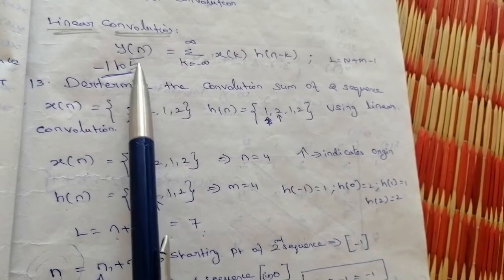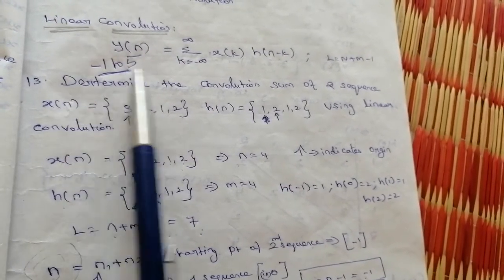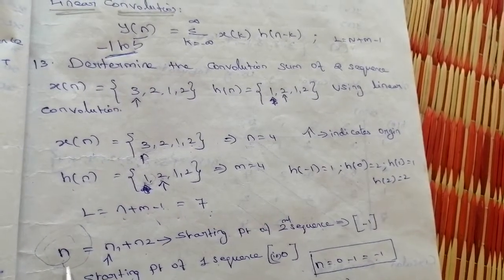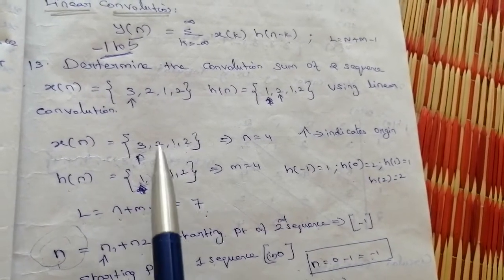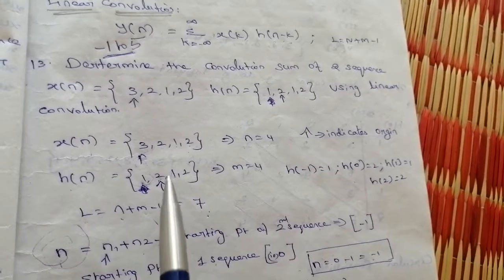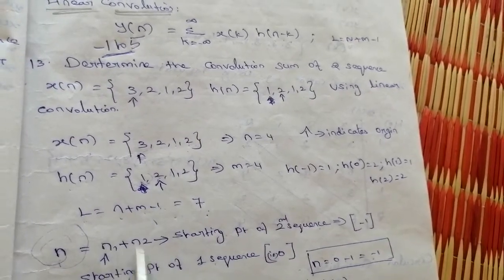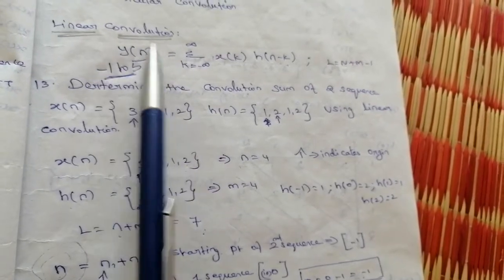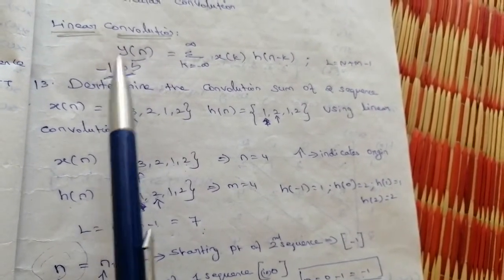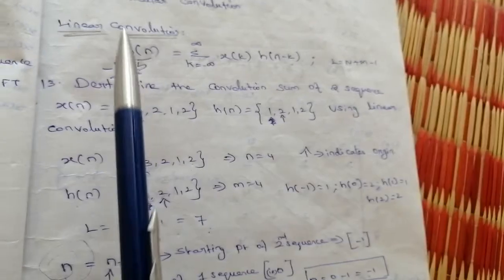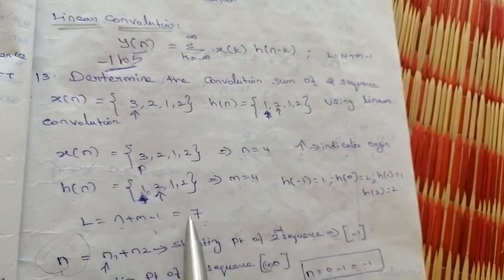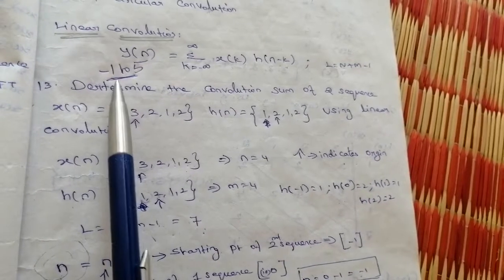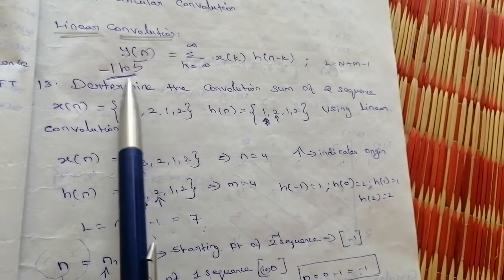Which one is the starting point, whether 0, minus 1 or minus 2? For that we use the equation n equals n1 plus n2, where n1 is the starting point of the first sequence and n2 is the starting point of the second sequence. Adding these two we get minus 1. So the linear convolution starting point is minus 1. Then the ending point is 5 because the total length is 7. So from minus 1 to 5 we get the 7 values, right?